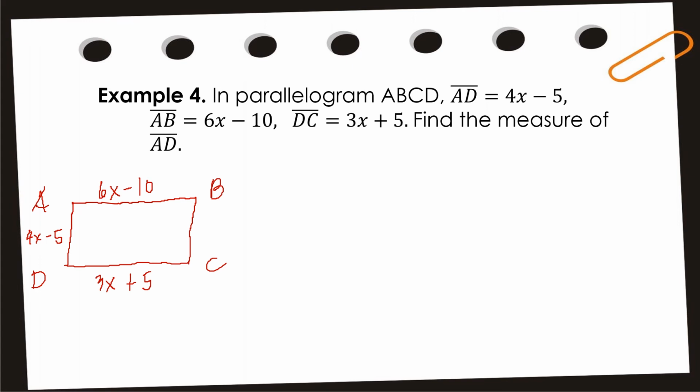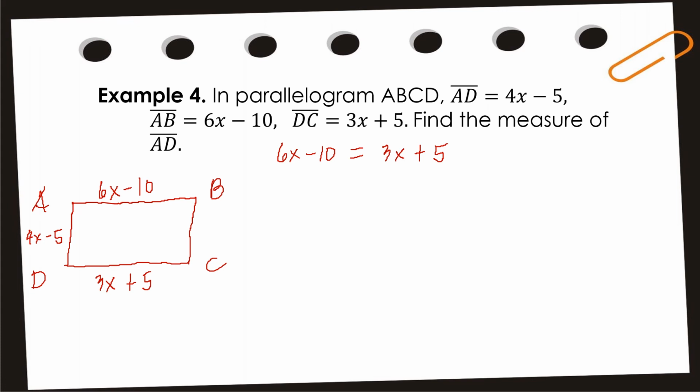So if AB is equal to 6x minus 10, we can equate it to 3x plus 5. Since the two opposite sides are congruent, we can equate them in order to solve for the value of x.